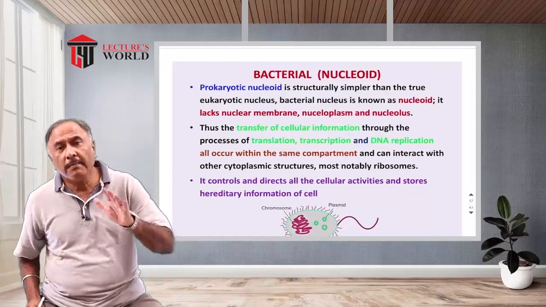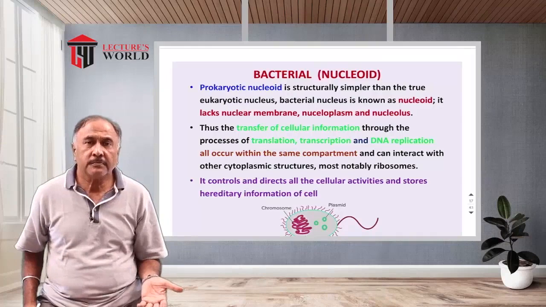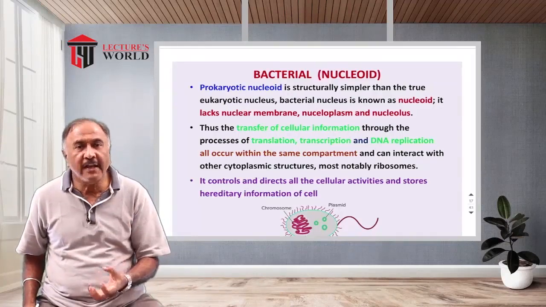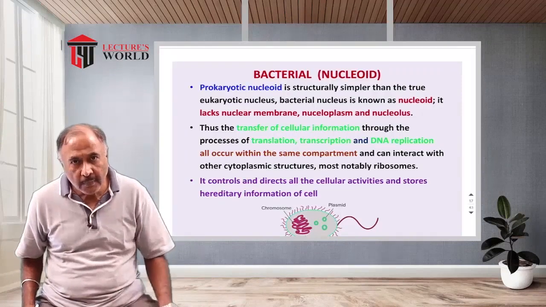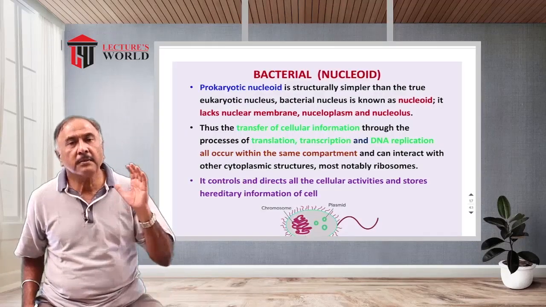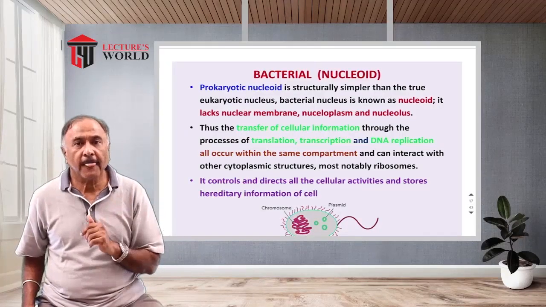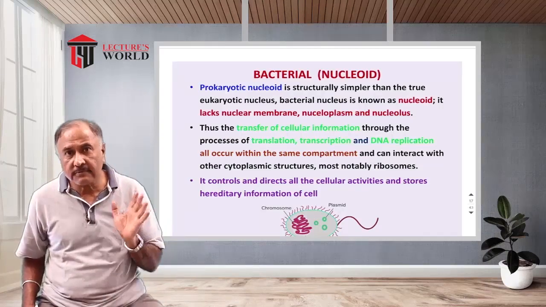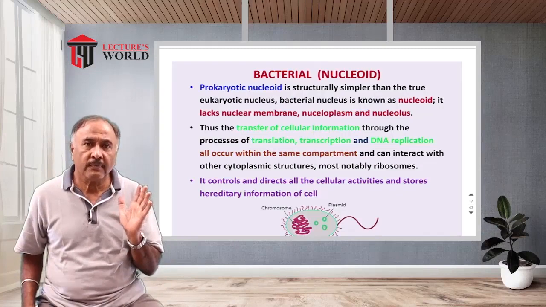Bacteria being prokaryotes, the nuclear material is not enclosed in a nuclear membrane, unlike eukaryotes. And that is why they are known as prokaryotes, primitive cells. Remember the previous lectures.